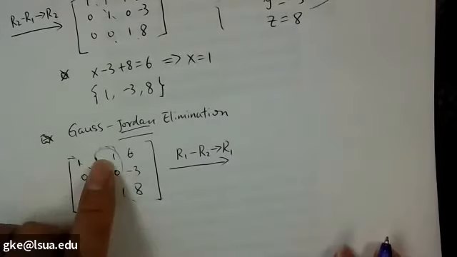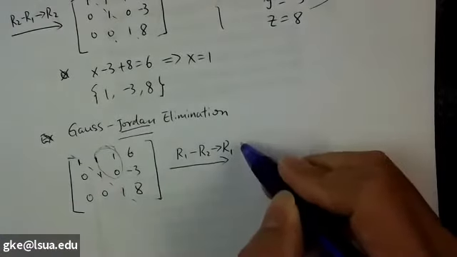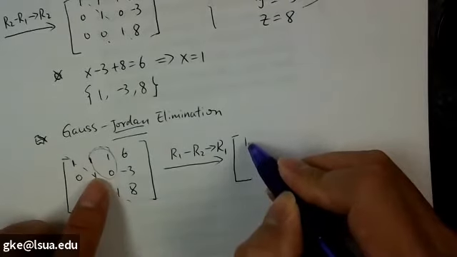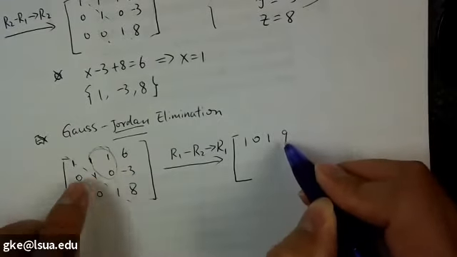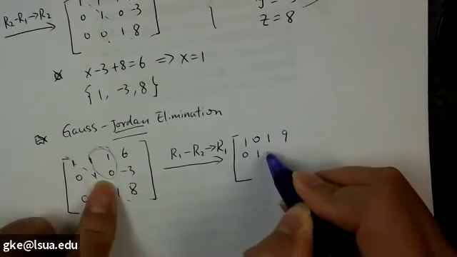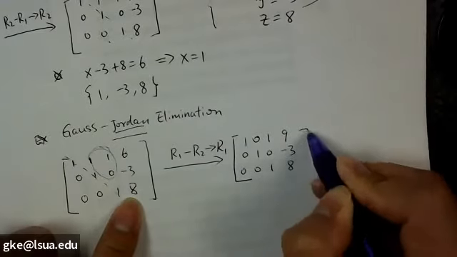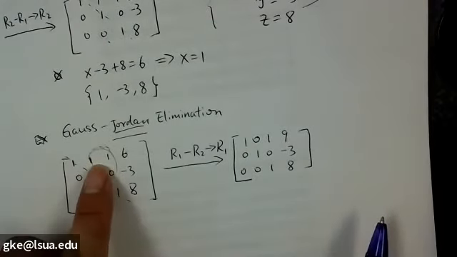You understand? Here's a 1, here's a 1. We'll just do the subtraction. So 1, 1, here's a 0, 1 minus 0 is 1, 6 minus (-3) is 9. Copy it. Okay, we eliminate this element.